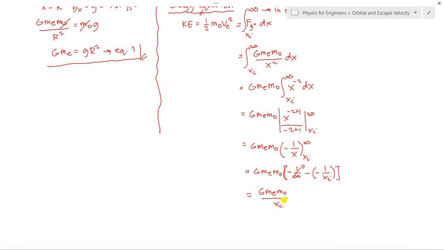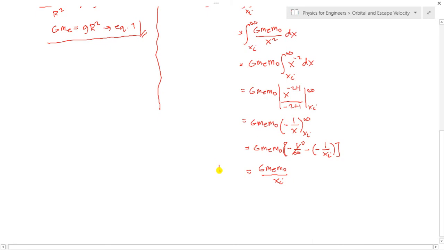And then since that is the total work, we can equate it to our kinetic energy, which is 1/2 the mass of the object times the escape velocity squared.